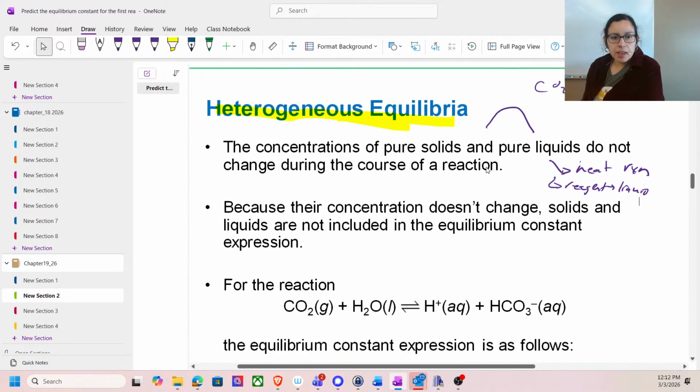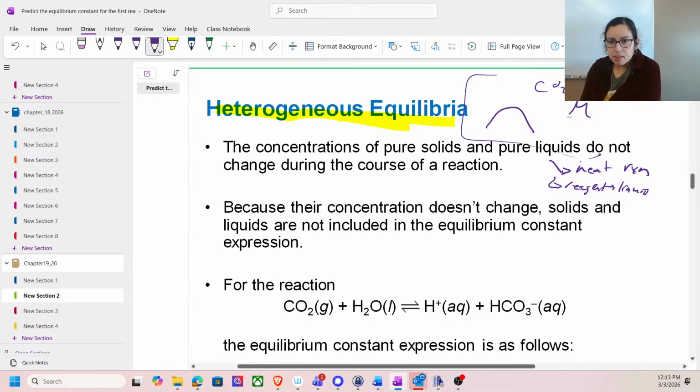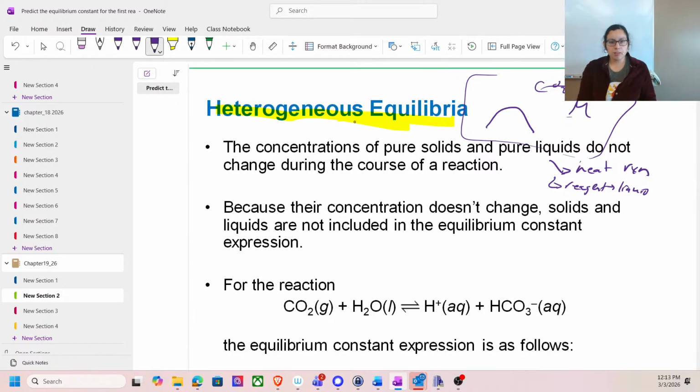And what we want to think about is the concentration of a pure solid. Let's say it's a gas reacting with a solid, or maybe it's easier to think about some species in solution reacting with a hunk of solid. Whether that be a metal or a pile of carbon, that concentration is not going to change.